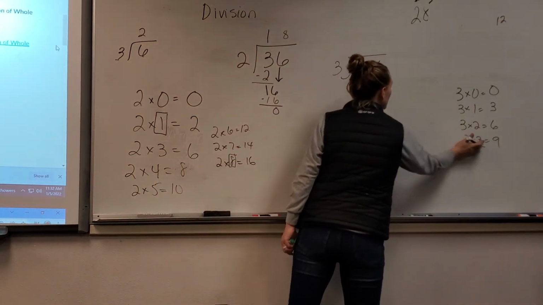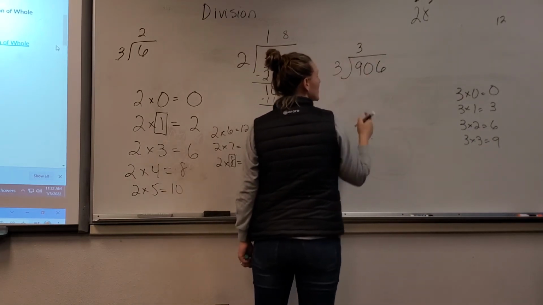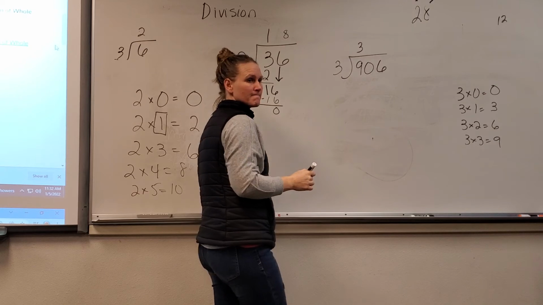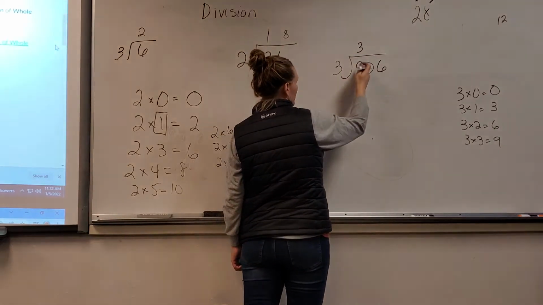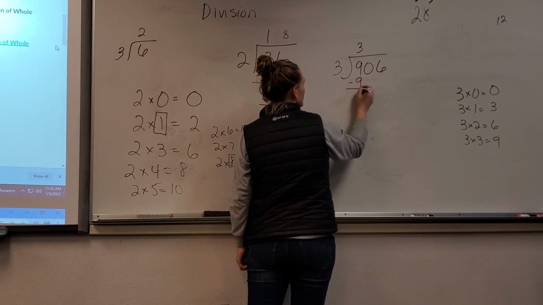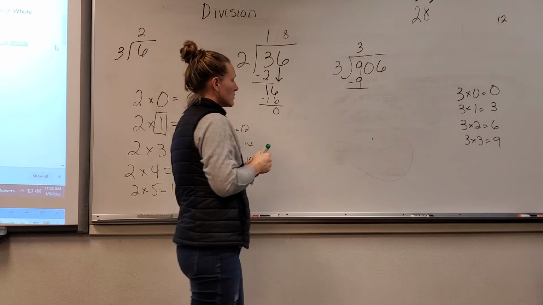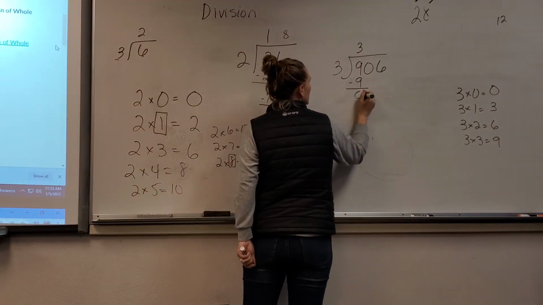So that means I can put the 3 directly above the 9. Okay, my 3 goes directly above the 9, because 3 times 3 is 9. I subtract, what do I get? 0.